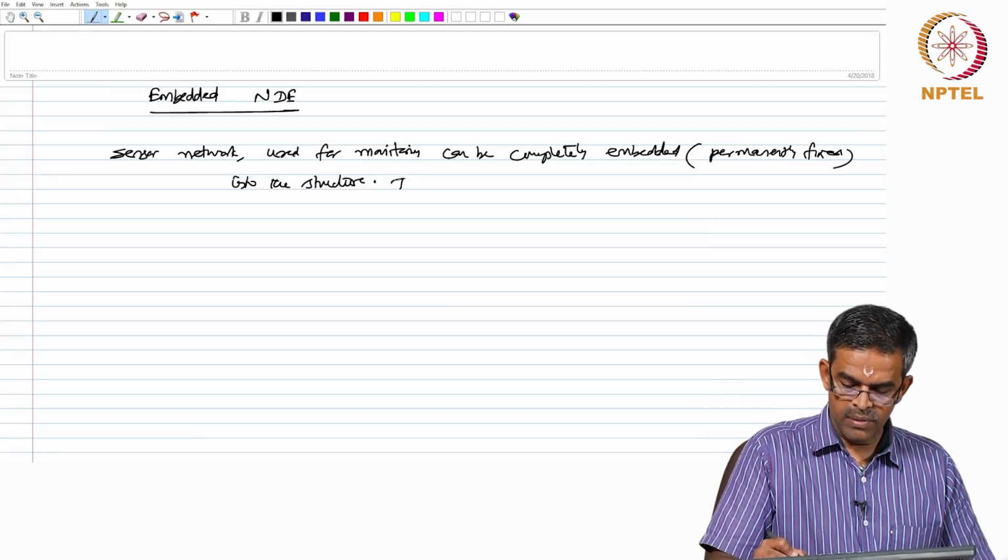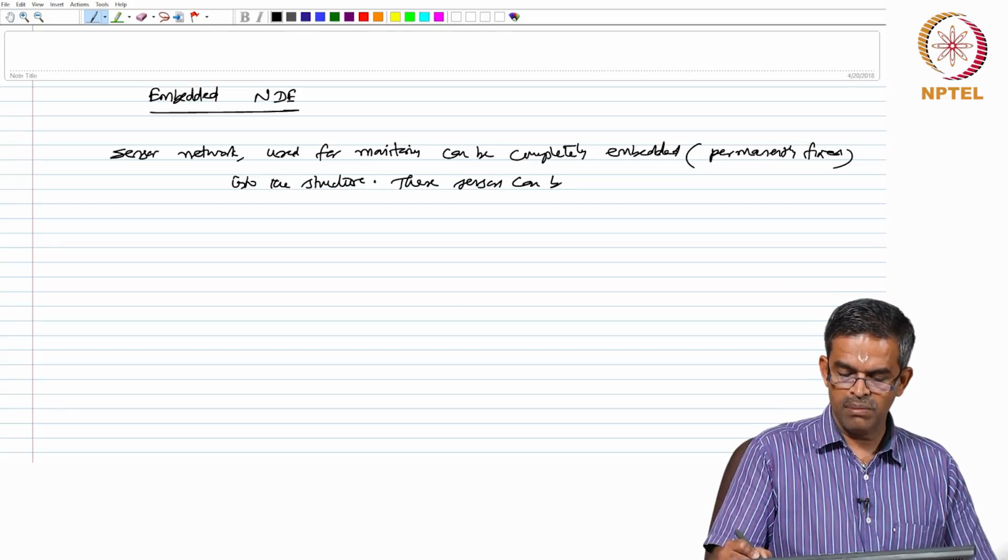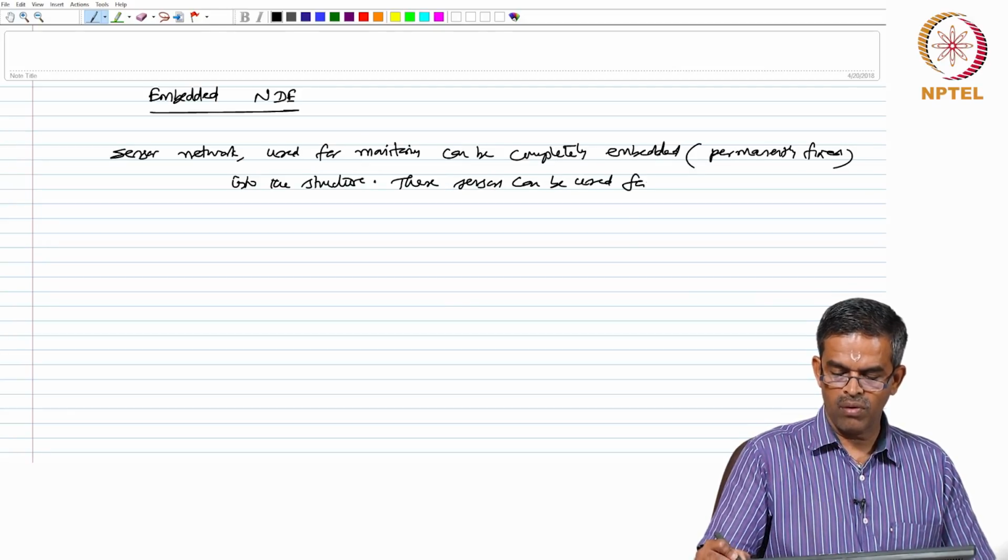Then these sensors can be used for monitoring.